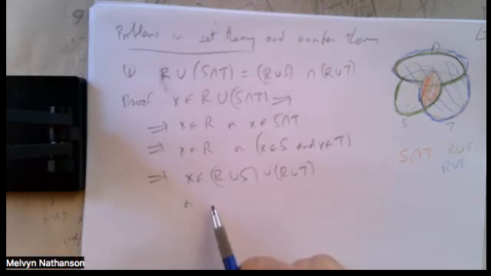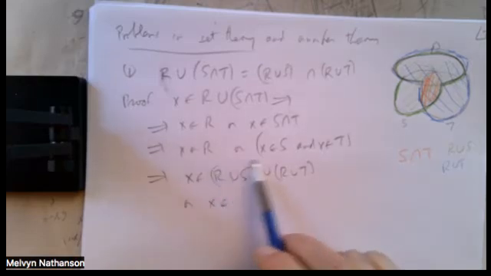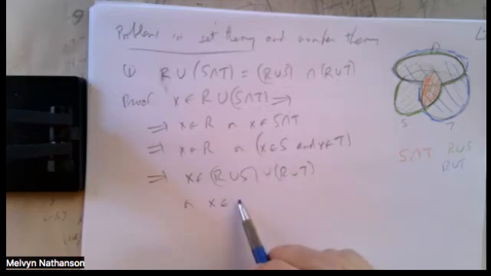Or X is not in R, in which case it's in both S and T. X is in S intersect T.